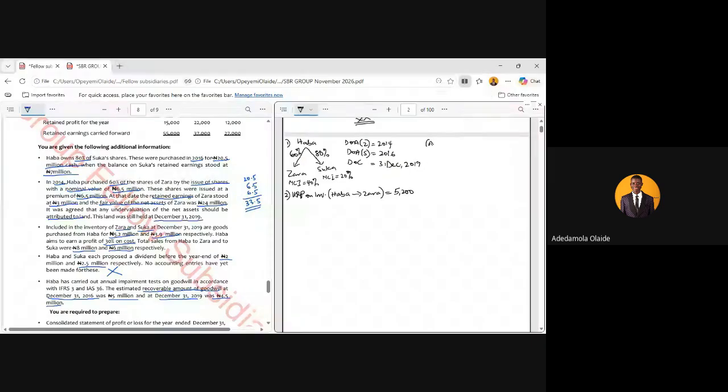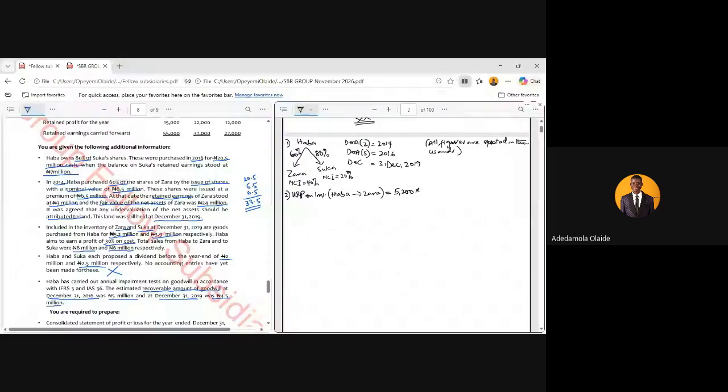All figures are quoted in thousands. So that means I'll be taking out the last 3 zeros. So that's why I'll write it as 5,200 multiplied by what?